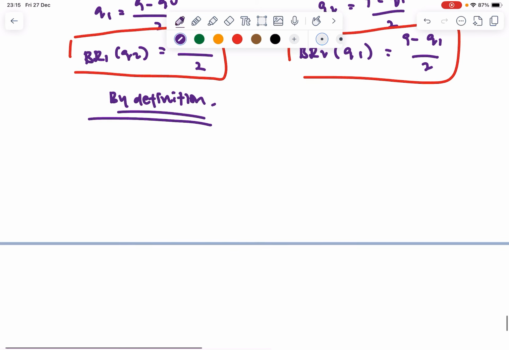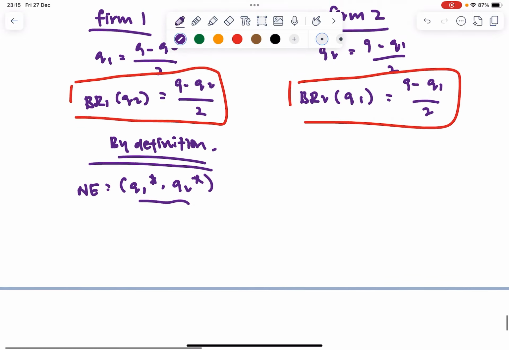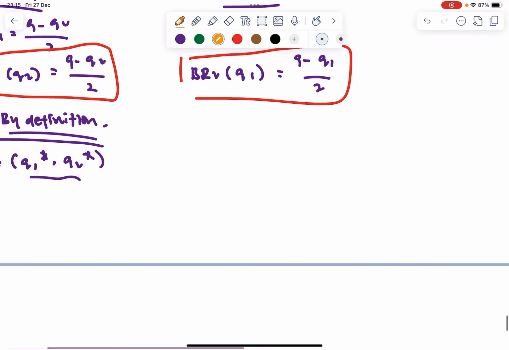Let's say that in Nash equilibrium, both players are playing Q1 star and Q2 star respectively. So now we have two equations: Q1 equals 9 minus Q2 over 2, and Q2 equals 9 minus Q1 over 2.